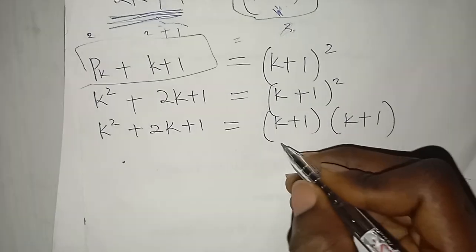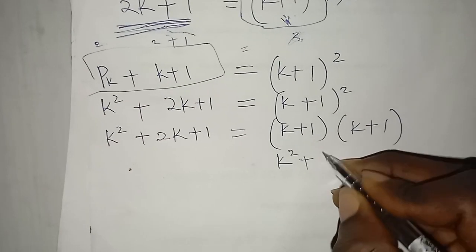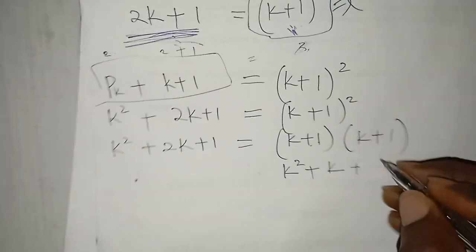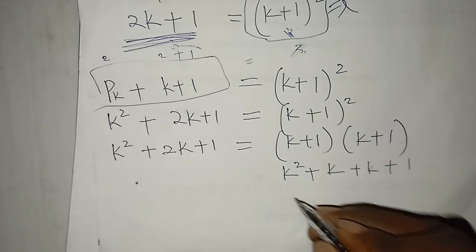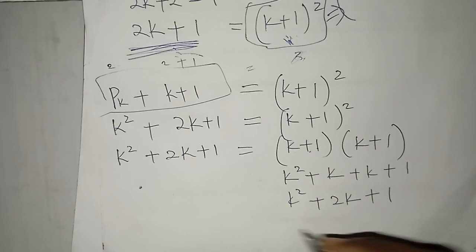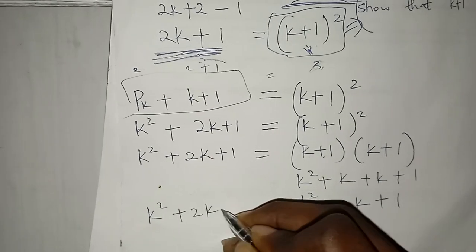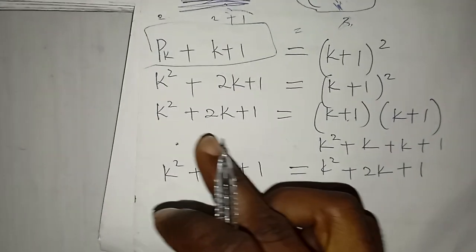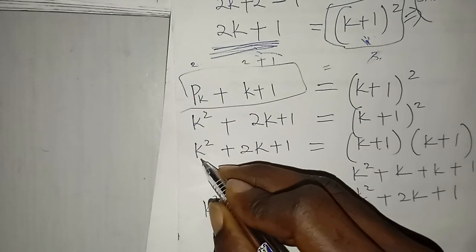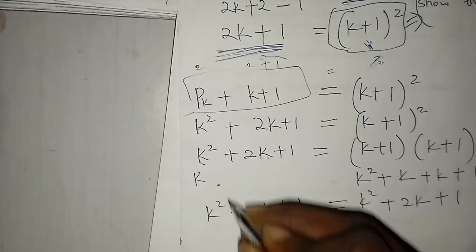And this is saying k squared plus k plus k plus 1, k squared plus 2k plus 1. So this is equal to k squared plus 2k plus 1. Or we can say that by the time you factor it out, this should give you what is common between these two. You see that k is common.